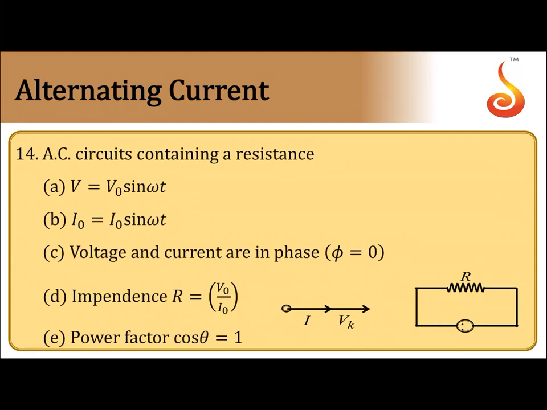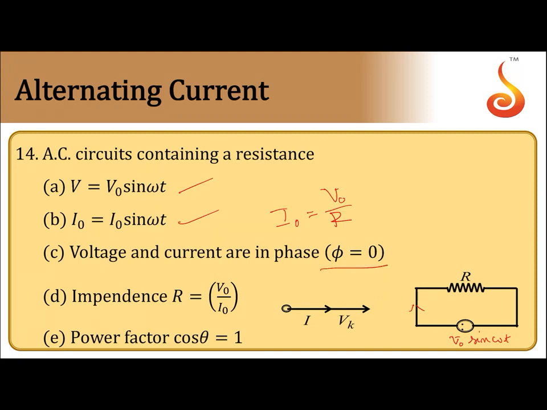Now coming to AC circuits. AC circuit containing a pure resistor: if the applied voltage is V0 sin omega t, then current through the circuit is I0 sin omega t, where I0 is V0 by R, where R is the resistance of the circuit. So voltage and current are in phase.